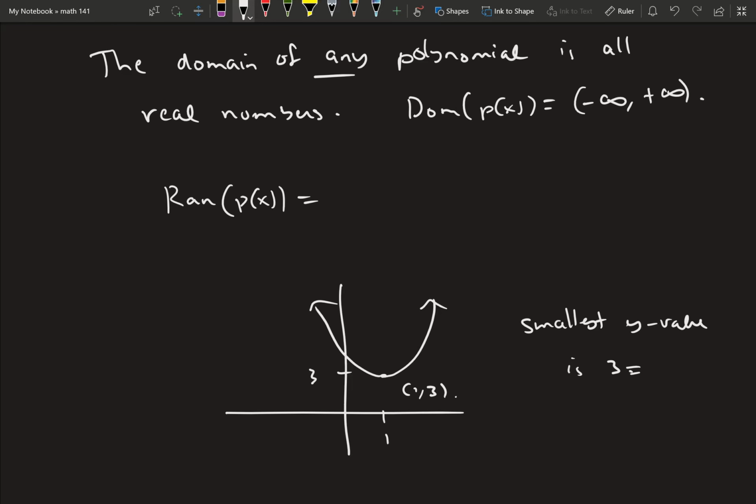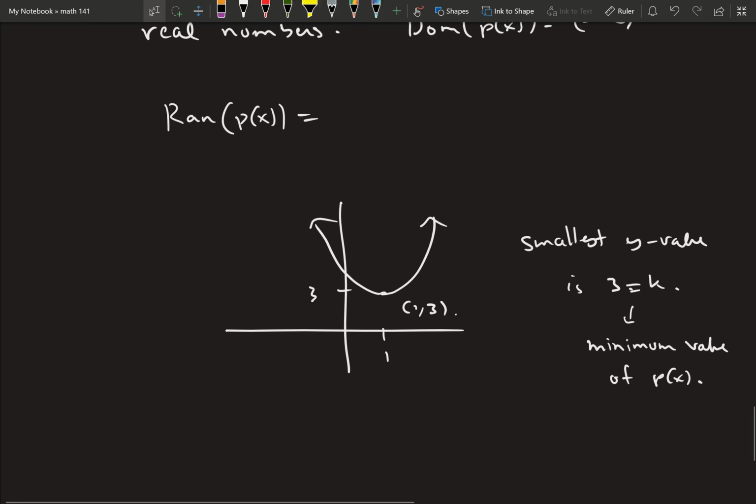Notice this is actually our k value. Before we jump into the range, it's a good thing to say that this is what's called the minimum value of p of x, because it's the smallest y value you can get.